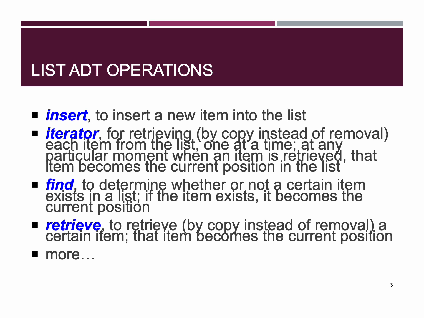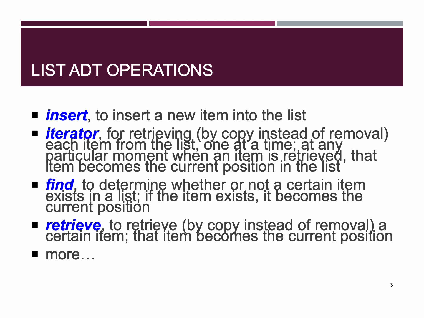So these are the operations we can do. Insert a new item into the list. Iterate, for retrieving by copy instead of removal each item from the list one at a time. At any particular moment when an item is retrieved, that item becomes the current position in the list.